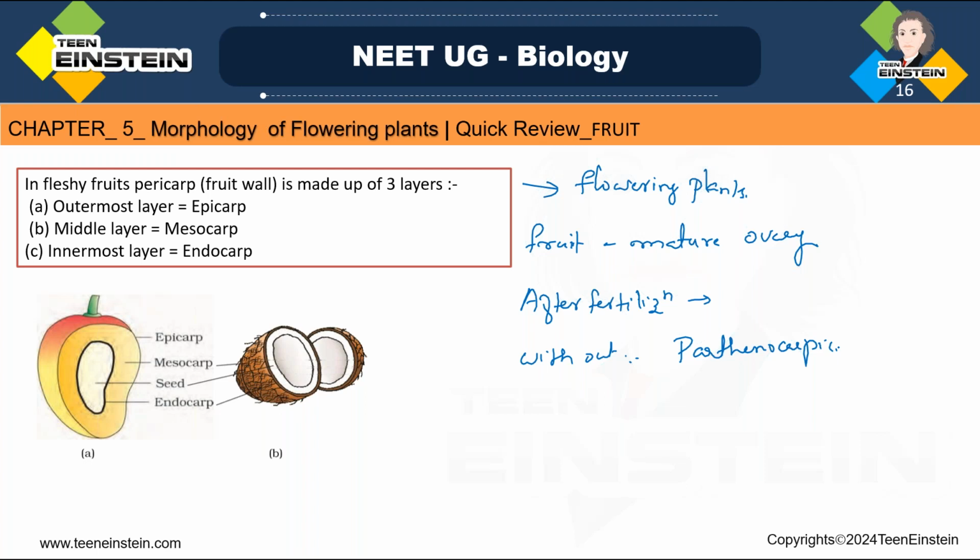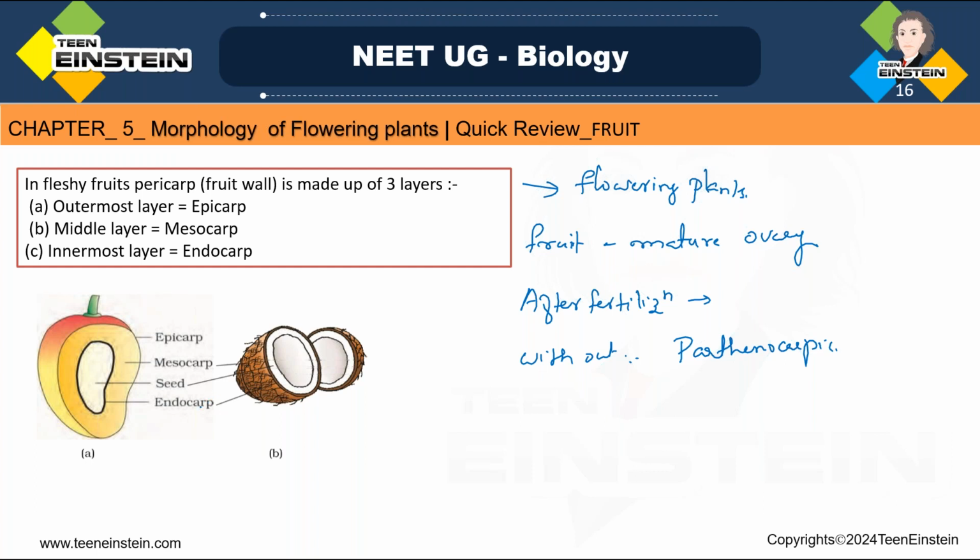Then pericarp, that is the fruit wall. After ripening, the ovary wall will change to pericarp. And this pericarp may be thick and fleshy, or it may be thick and hard, or it may be thin and soft. Which one? Pericarp, the outer one.